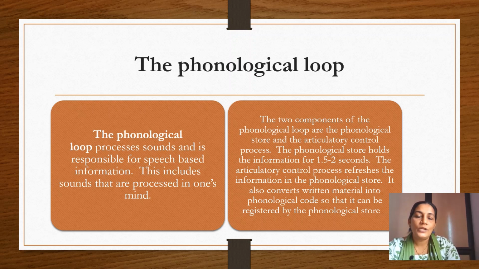So the phonological loop has two subunits: the phonological store and the articulatory control process. The phonological store holds speech information for 1.5 to 2 seconds, and the articulatory control process refreshes the information in the store, and also converts written material into phonological code so that it can be registered in the phonological store.